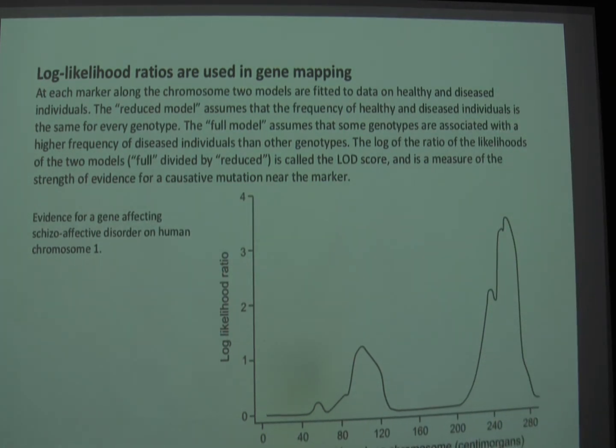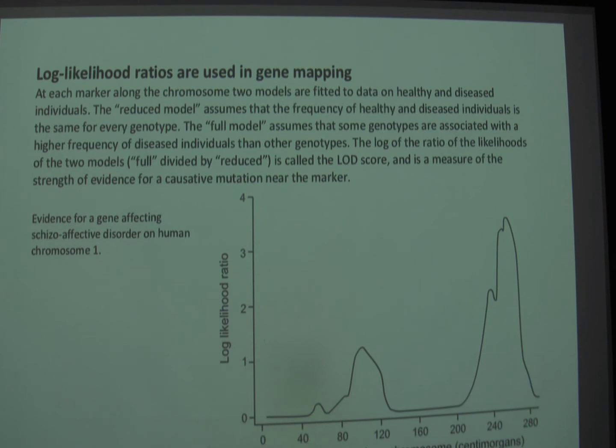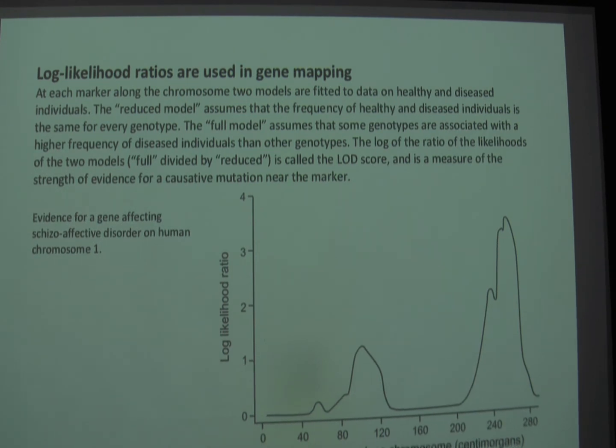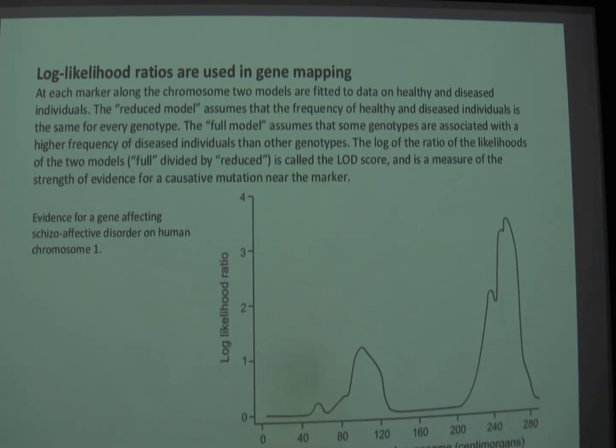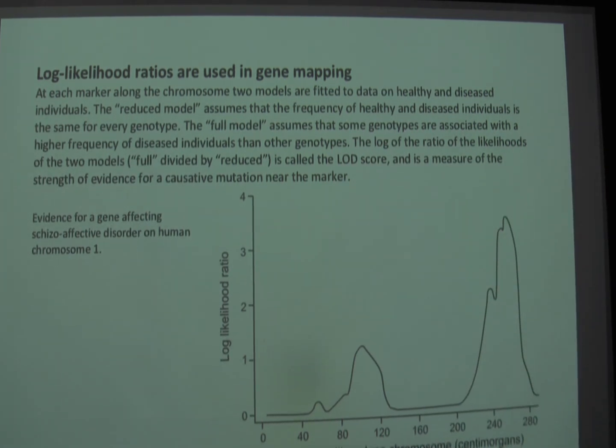Log likelihood ratios are used a lot in biology. Actually, they're the basis of gene mapping. I don't know if you've ever heard of a LOD score. If you've ever looked at data where people try to map traits, like disease traits, on the human genome using something like a QTL analysis, you'll encounter something called the LOD score. And the LOD score is just a log likelihood ratio.